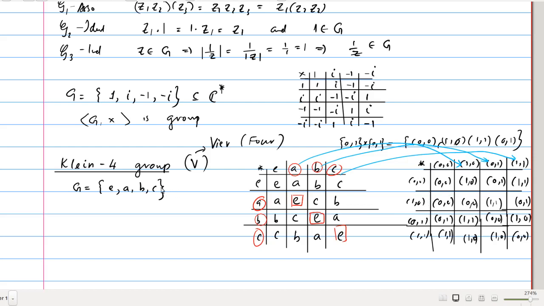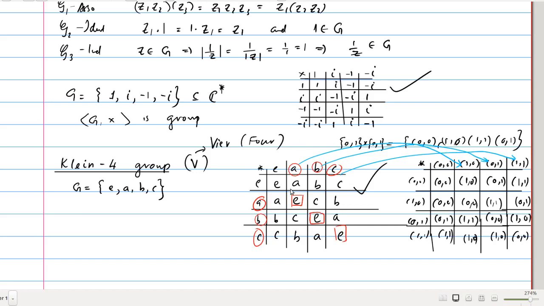Any group with 4 elements with exactly the same group table is called the Klein four group. This is a nice example, but it is not the same as this other algebraic structure, because if you compare these two algebraic structures, they are different.